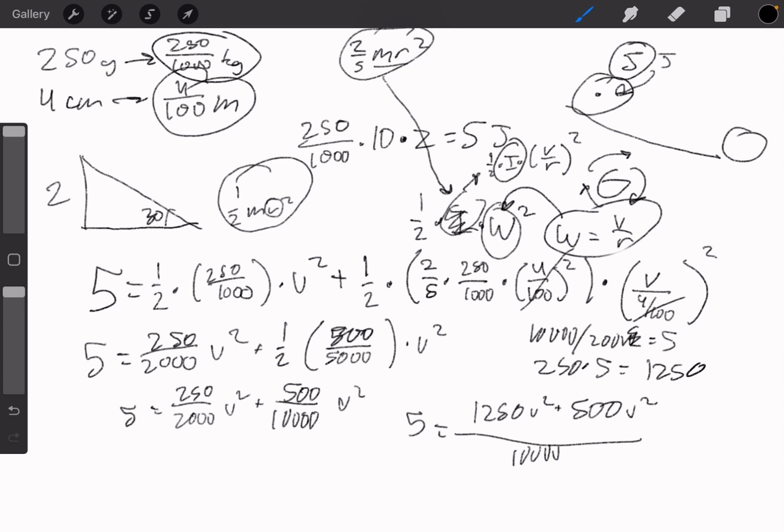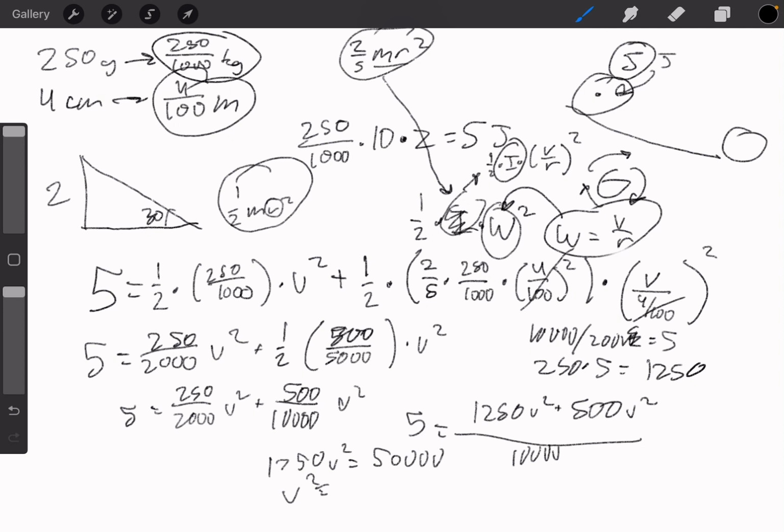So that's 1750 v squared equal to 50,000. Now I'm going to use a calculator: 50,000 divided by 1750.